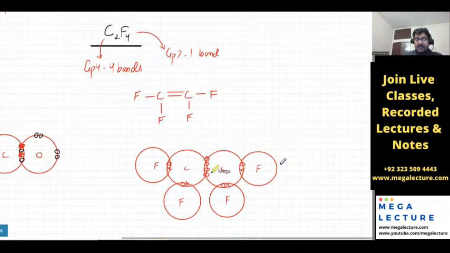It already has 8 electrons. This carbon also has 8 electrons. Fluorine के 8 पूरे करने हैं, ठीक है? So you need 6 electrons for fluorine, and for this one you would need 6 electrons, and for this you would also need 6 electrons. ठीक है? All your 6 electrons are now going to be complete. ठीक है?